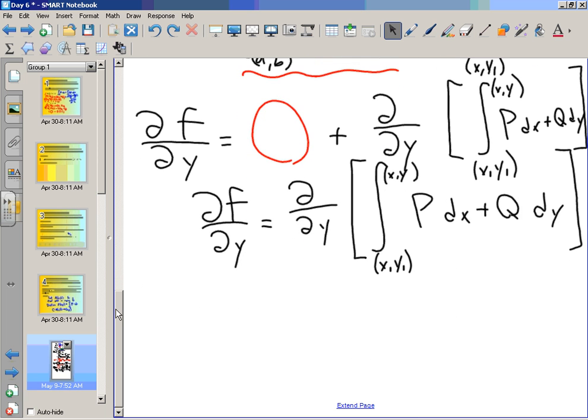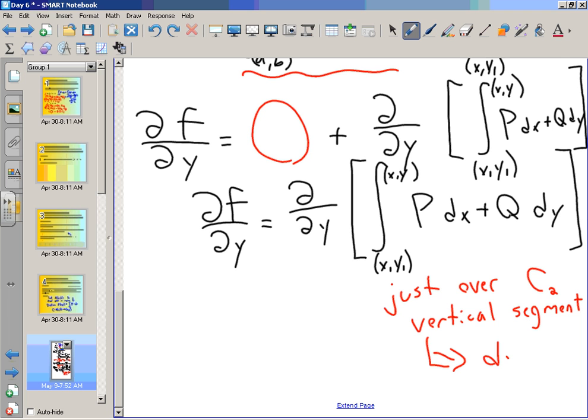And it also allows us to evaluate this integral really easily, because this is just over C2, which is a vertical segment. Do we know anything about dx or dy over a vertical segment? If it's totally vertical, is there going to be a dx? So this tells us that dx equals 0.